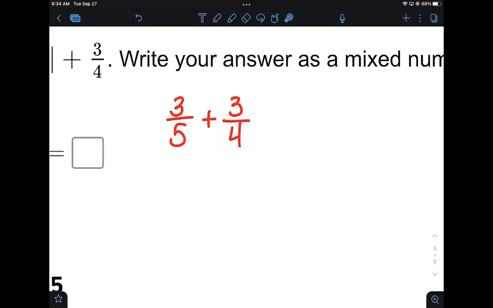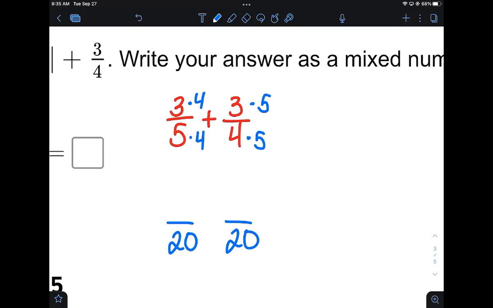I always try to check, don't change both if you don't have to, but this is one where we have to change both denominators, and yes, it is going to be 20. 20 is the first multiple of 5 that's also a multiple of 4. To get there, I do 5 times 4 and 4 times 5. Which means I have to do 3 times 4 on the left side and 3 times 5 on the right side.